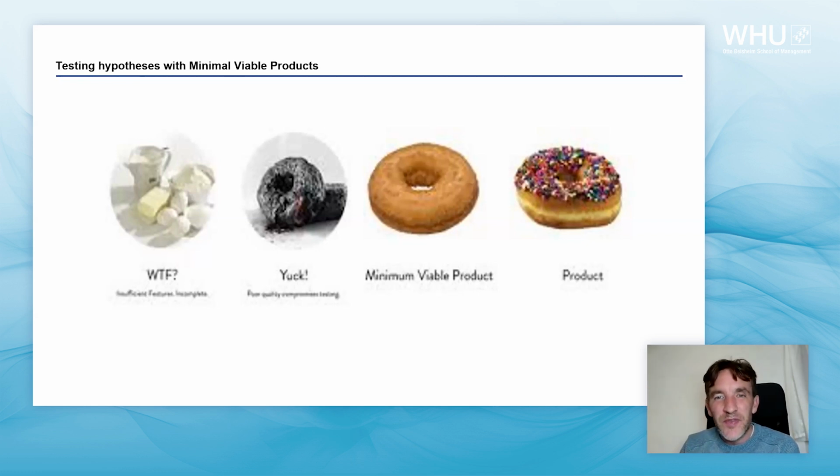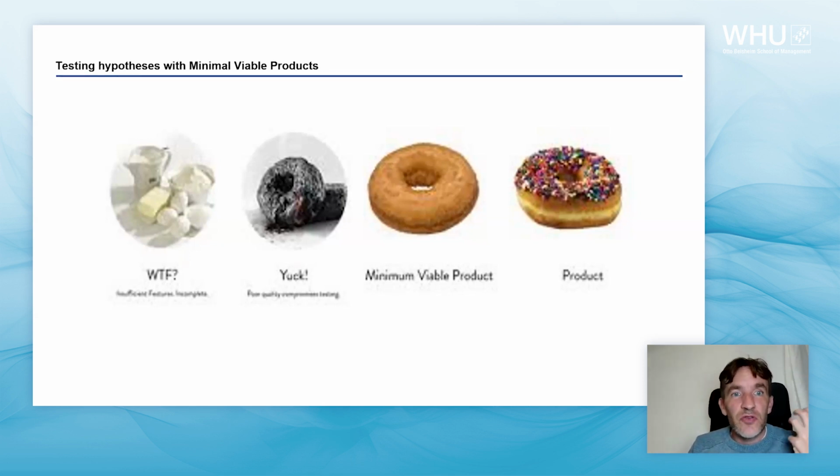Yeah? So what we want is the donut as presented here as minimal viable product without the sprinkles. But of course, for a user, it needs to be clear what a donut means. Yeah? So we just don't want to show them buttermilk and eggs or the first ugly step of the processing. No, we want to show them the donut without the sprinkles.